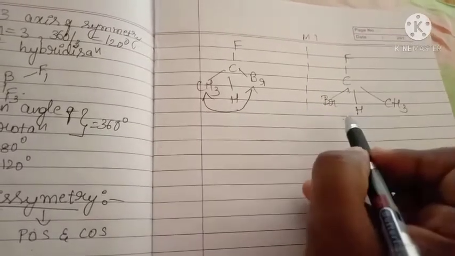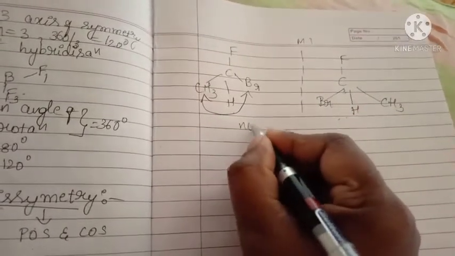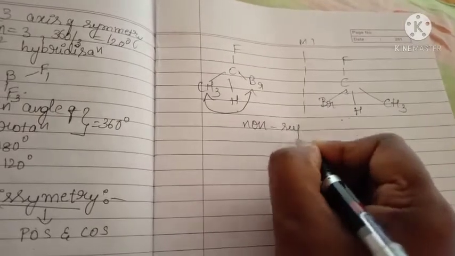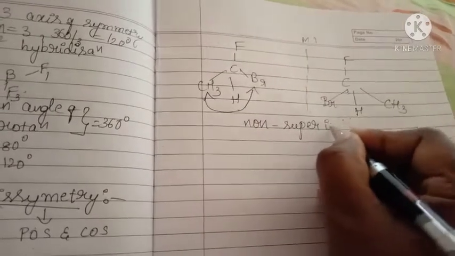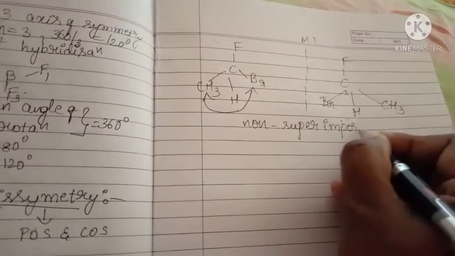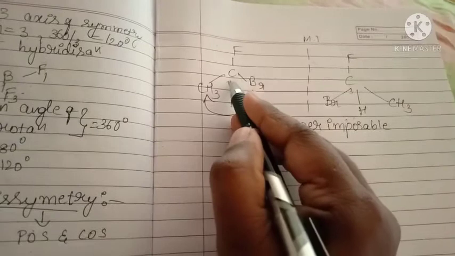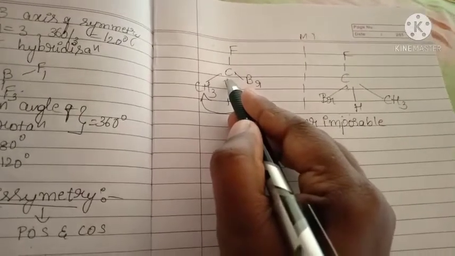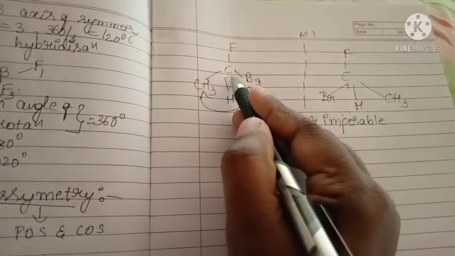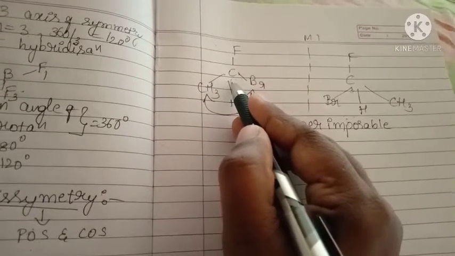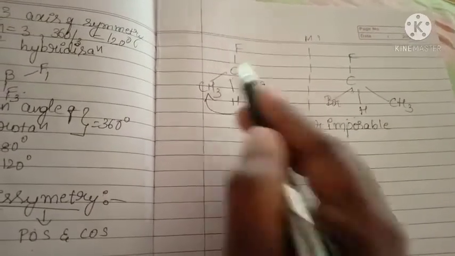That's why it is a non-superimposable mirror image. So this carbon atom is called a chiral carbon atom, or it is also called a stereo center.